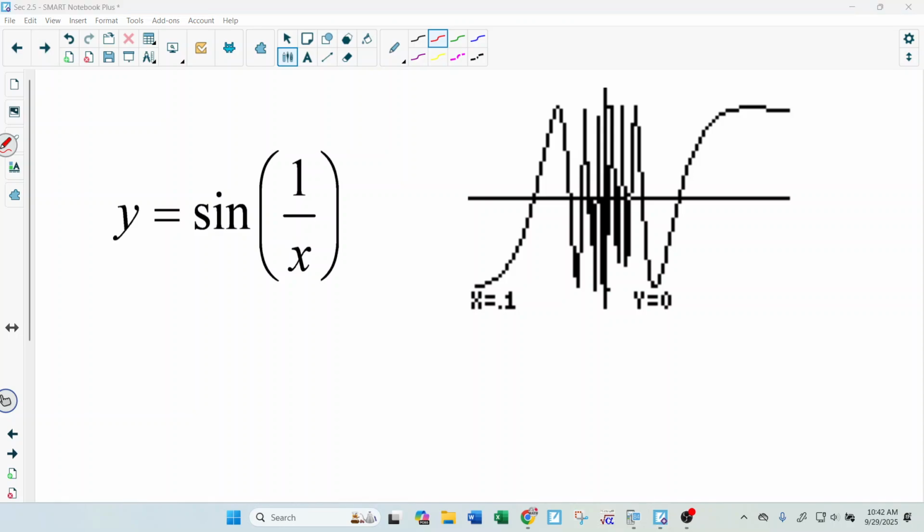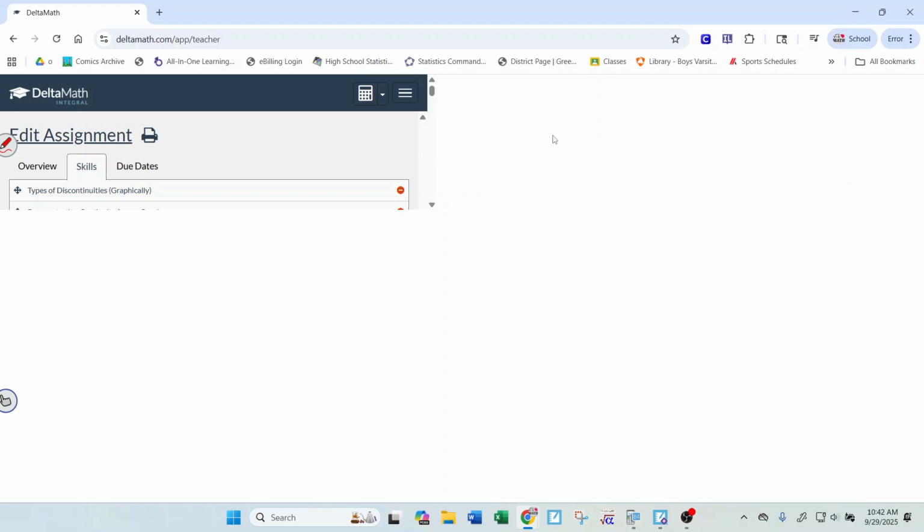It's going to take us longer than the time we got left. Delta math homework.